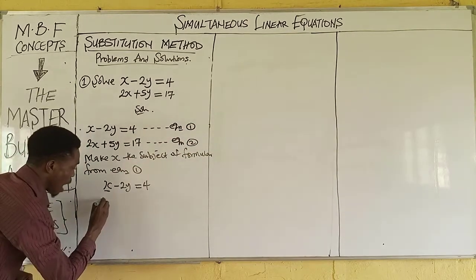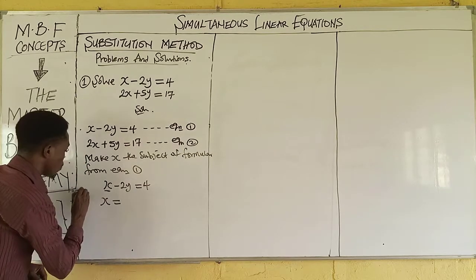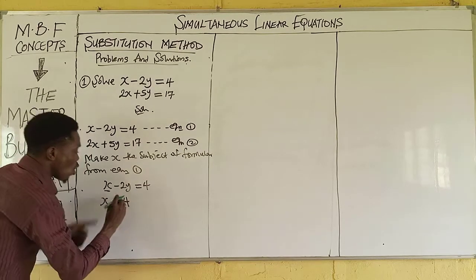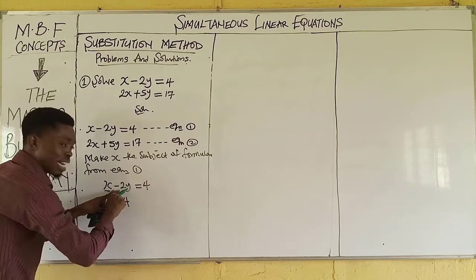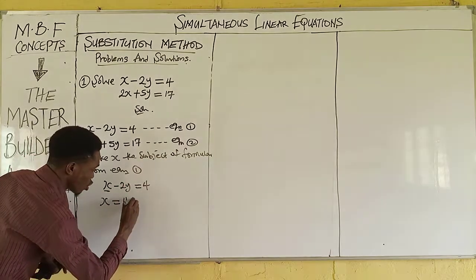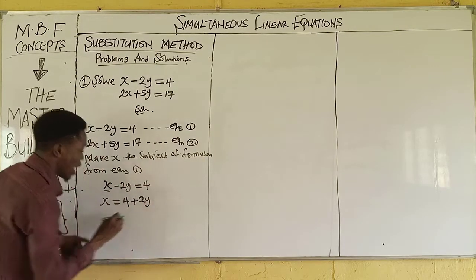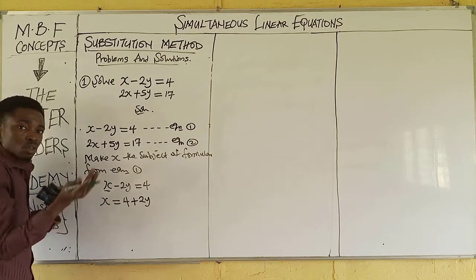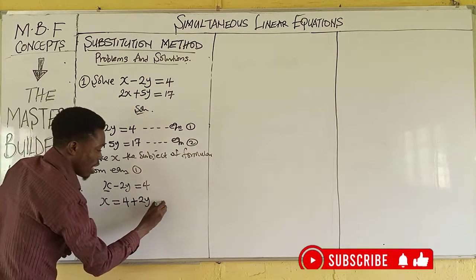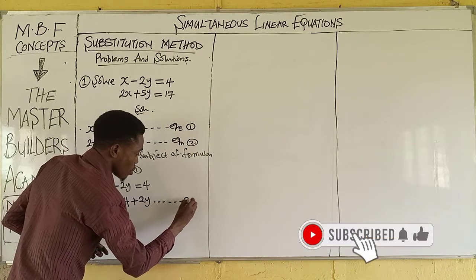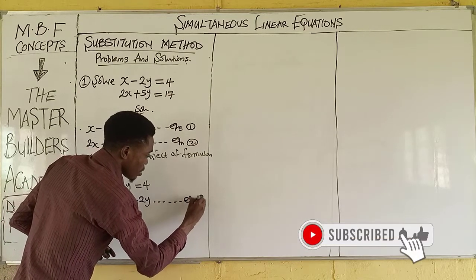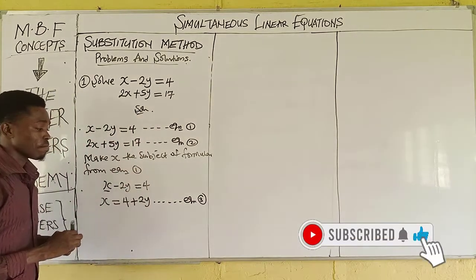And when I do this, I'm going to have x is equal to. Understand that when minus 2y crosses from the left hand side to the right hand side, it automatically becomes plus 2y. Now the coefficient of x is 1, so I don't need to divide both sides by anything. I will call this equation 3. It's as simple as this.